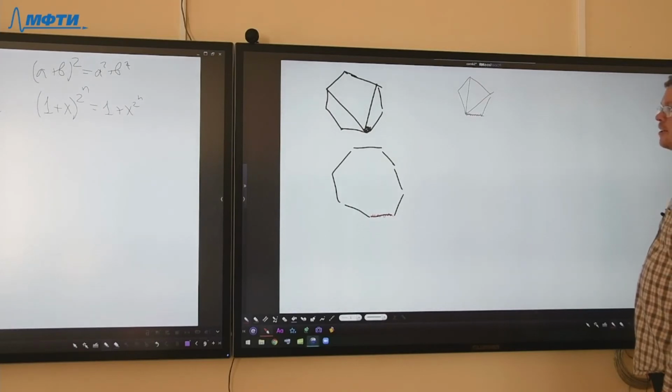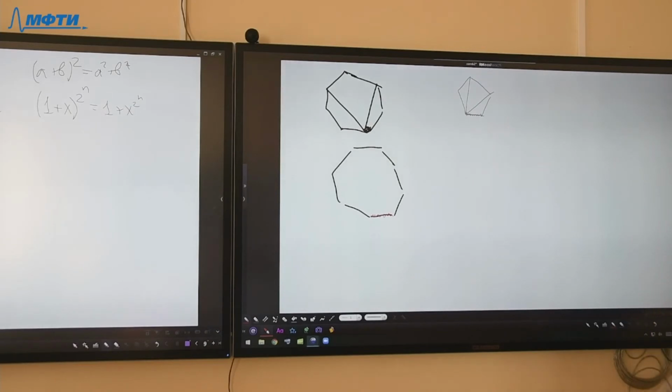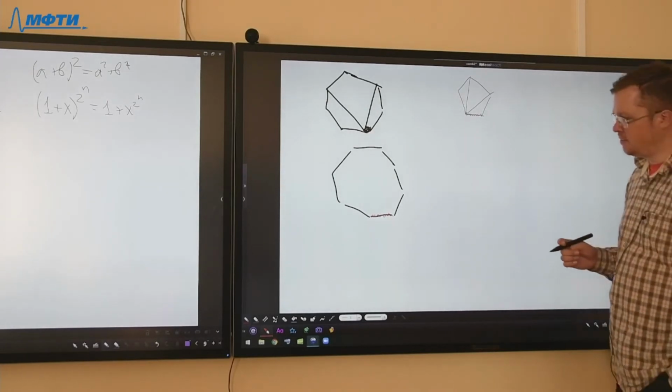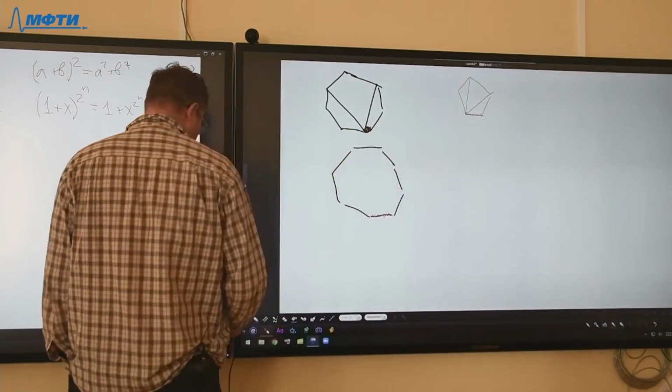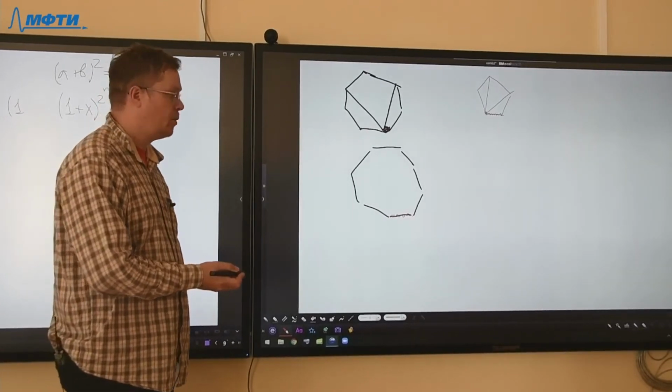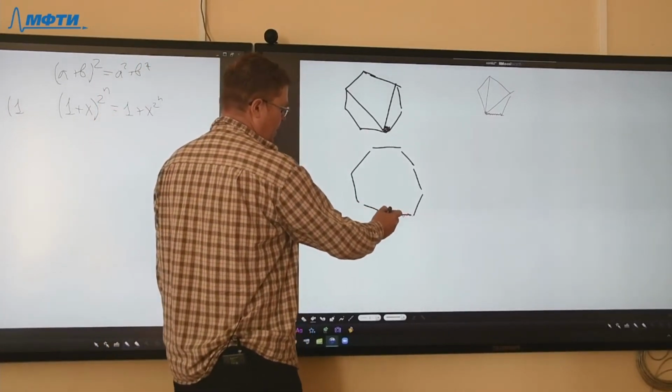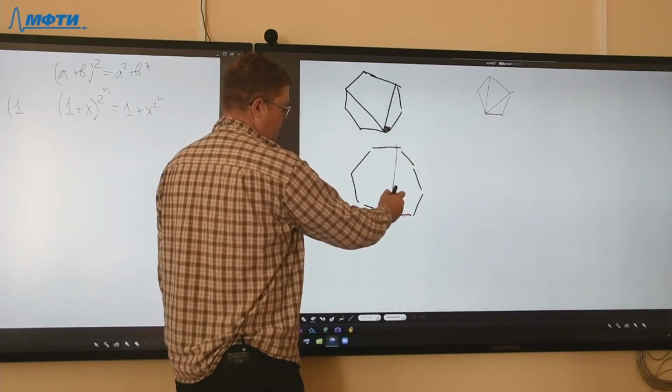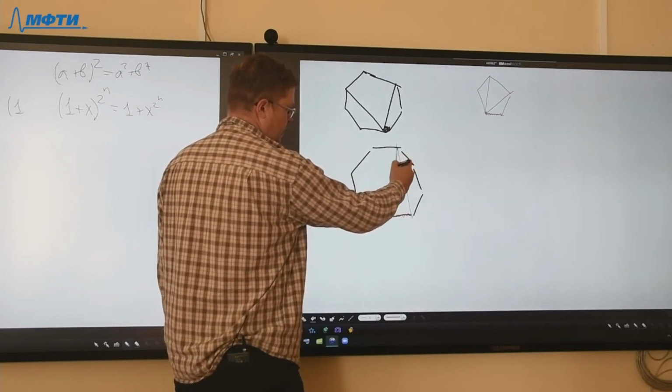I don't know what question you are answering. So this edge belongs to exactly one triangle in the triangulation, yes? So if you have the triangulation, exactly one triangle will have this edge inside.